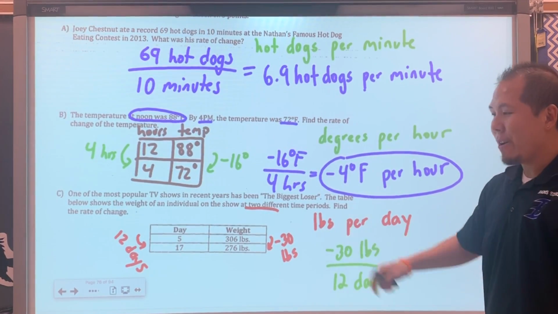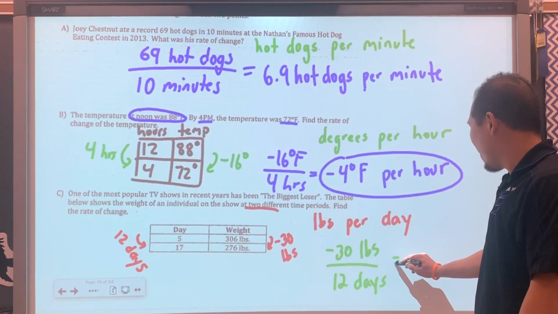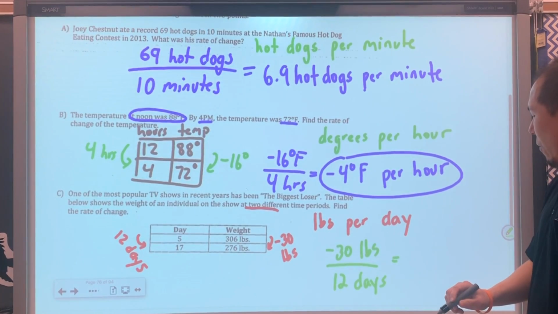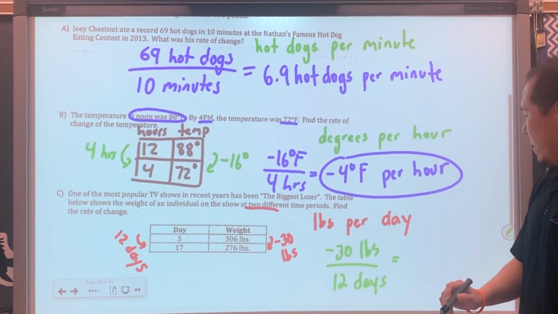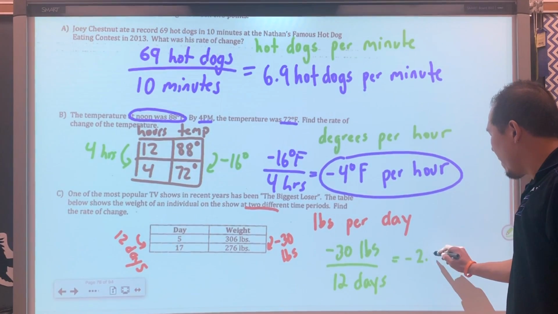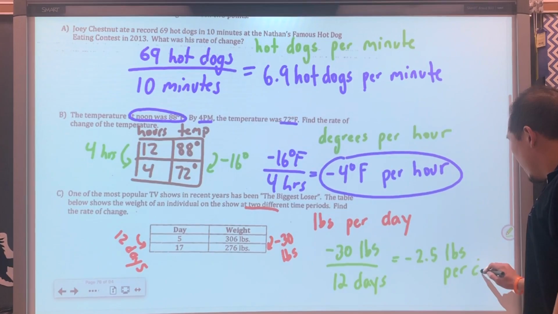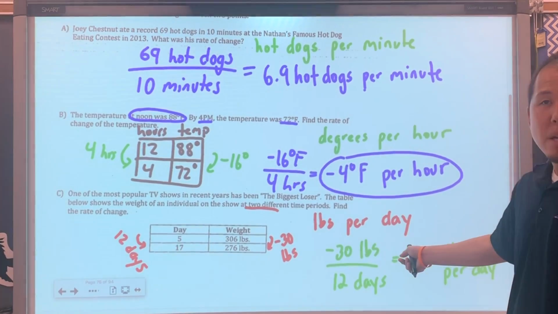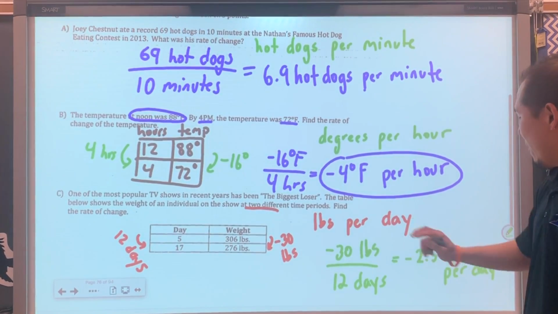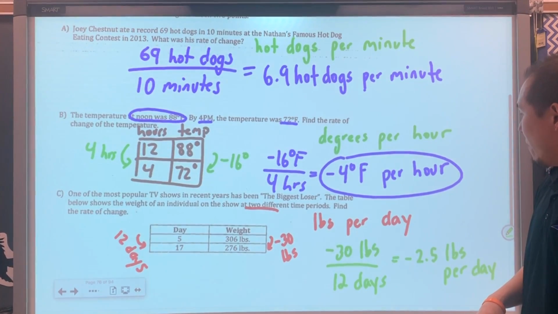Use your calculator here and divide those. I think it's negative 2.4. No, negative 2.5 pounds per day. Negative 2.5 pounds per day. Double check me, fact check me on that. I think I'm right, but if your calculator says something different, I think I'm good.